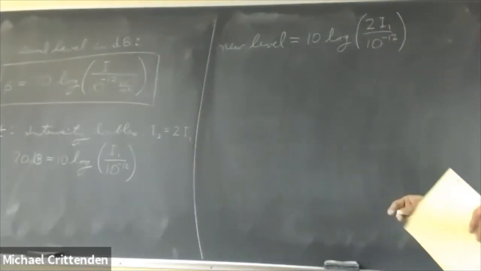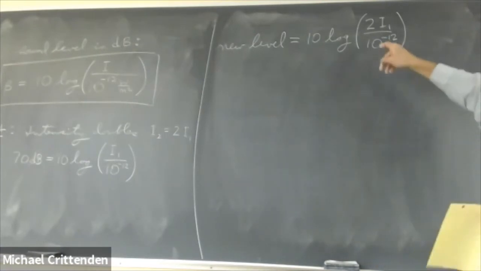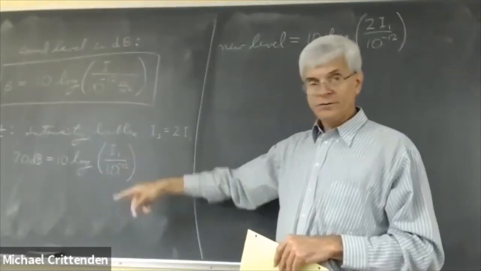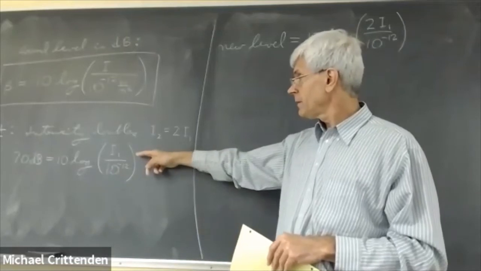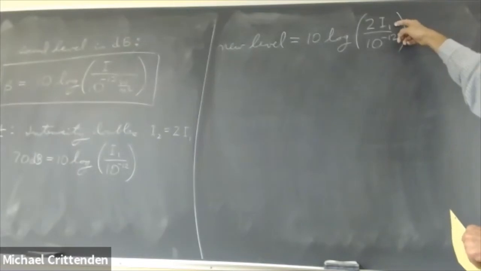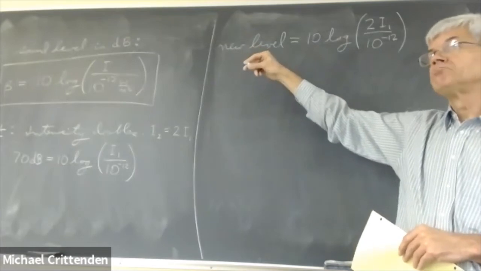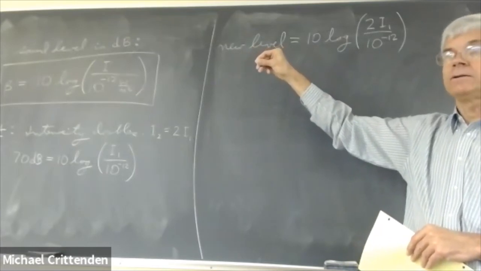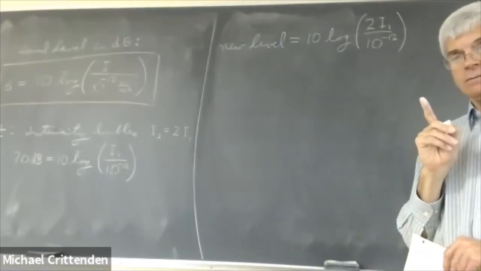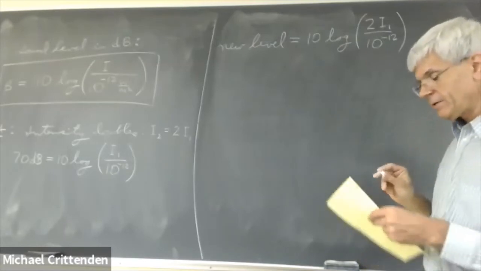Now, probably the way most people would go after this is they would take this first equation, run through several lines of algebra to solve it for I1, and then take that number and stick it in here to calculate the answer, and that'll work. Perfectly good way to do it in terms of getting the right answer, but if you are clever, there is a quicker and slicker way to get through the math.